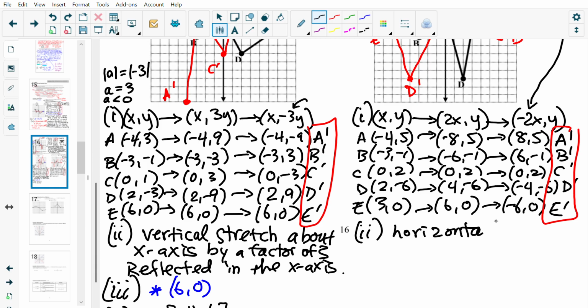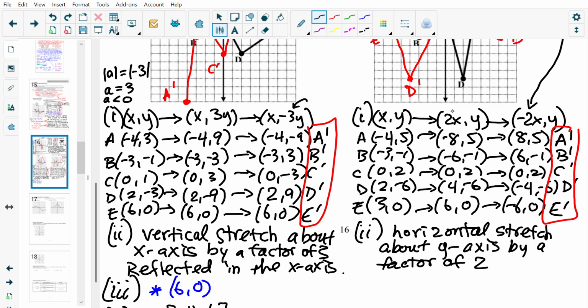Describe the transformation. This is a horizontal stretch about the y-axis by a factor of 2.